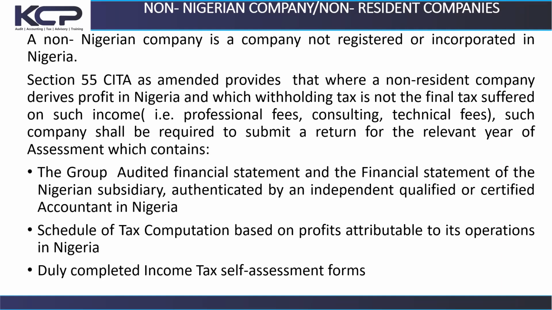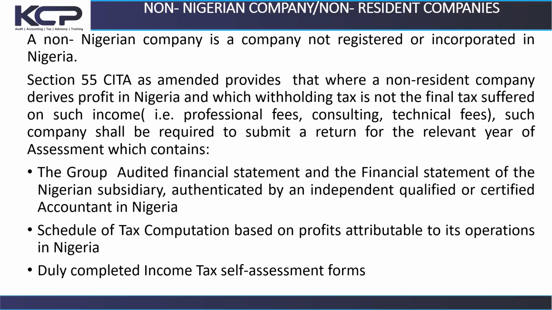Okay, sir. Thank you. Now, for the Google example I cited, Google most definitely will have prepared its group performance accounts, right? So what they need to do is to show us the group audited accounts and a subsidiary statement showing what they have actually earned from Nigeria. Do you understand? So they are trying to say, yes, we have made a total revenue of $10 billion, but only 1.5 billion came from Nigeria.